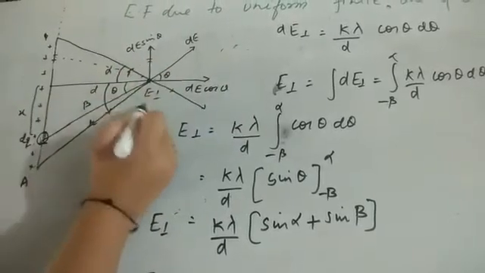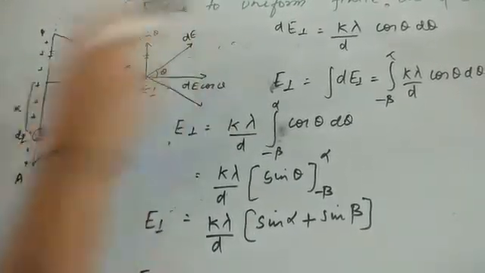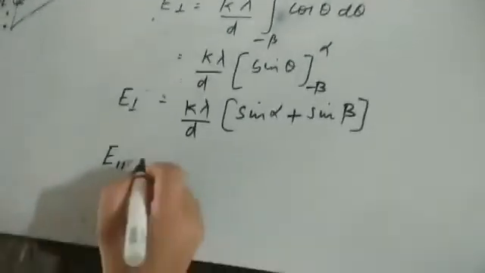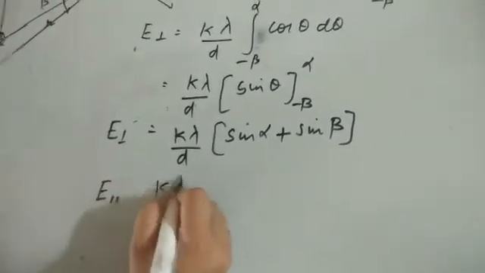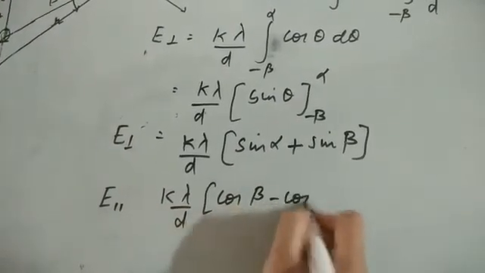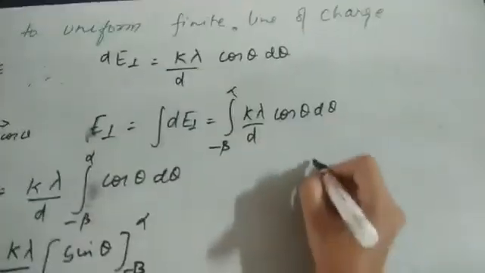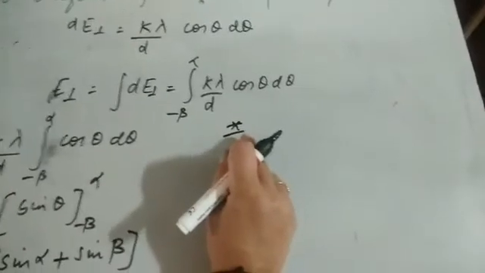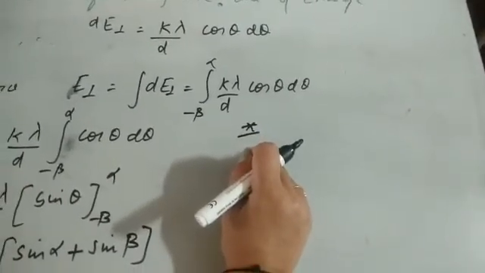So dE sine theta would have cancelled, and only the cos theta component would have added. Let me again write it in terms of an equation. If I solve the integration, it would be cos beta minus cos alpha. Now these are two very important conditions which may be asked in questions sometimes.